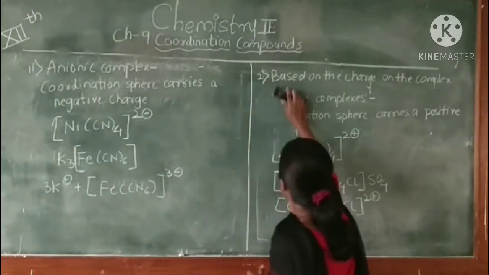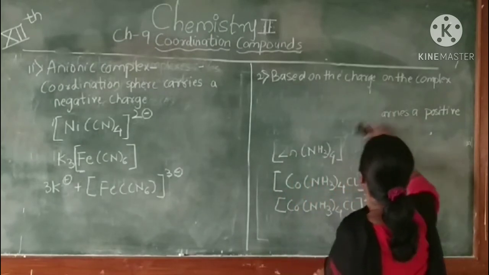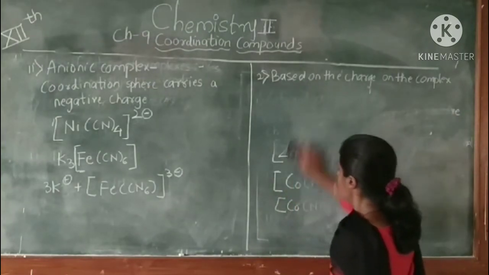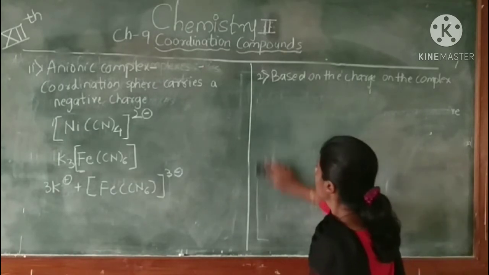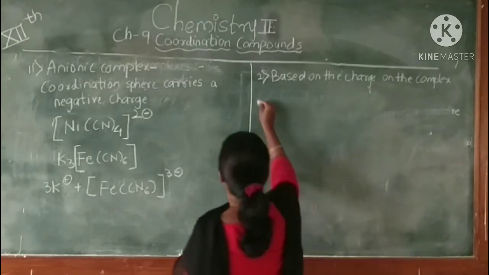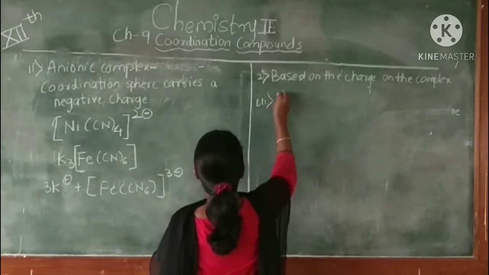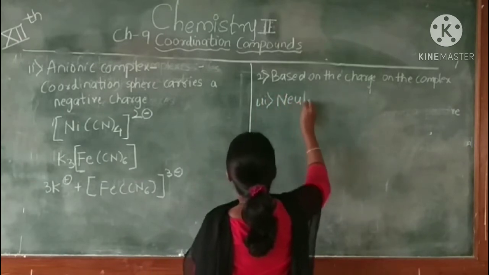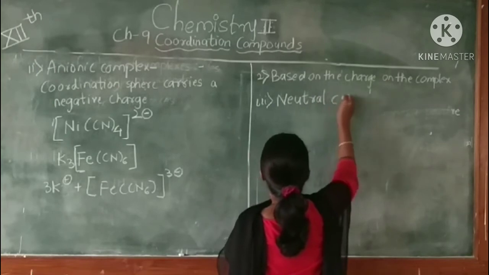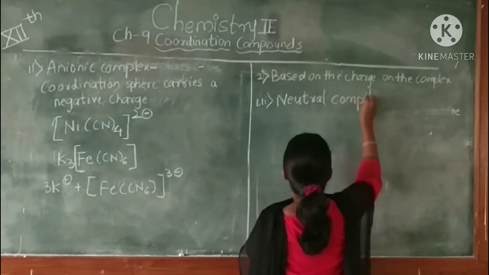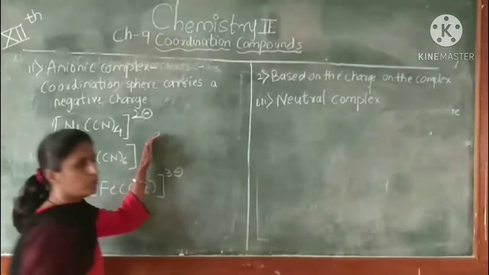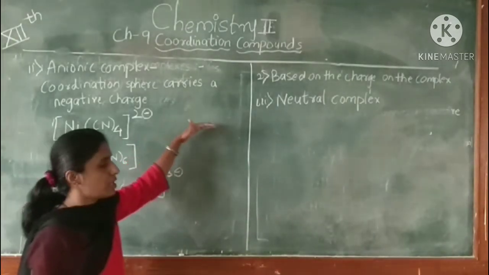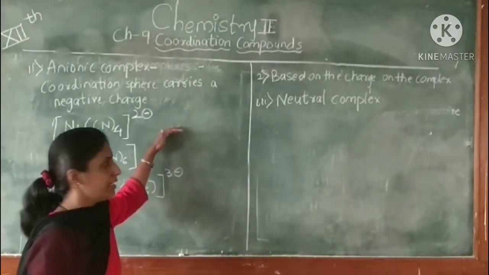The last one is neutral complexes. So what are neutral complexes? Neutral complexes are the complexes in which the coordination sphere does not have a positive charge or a negative charge.